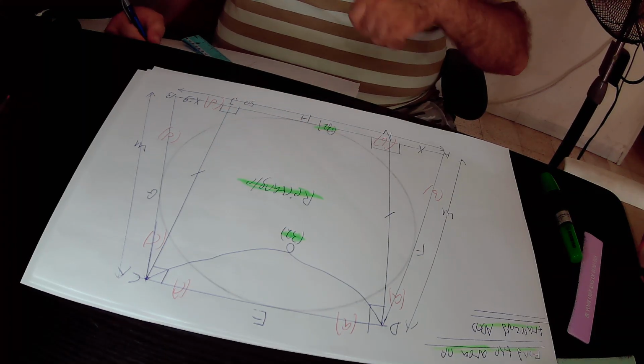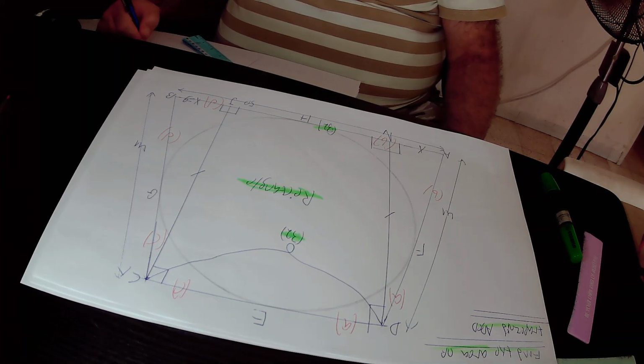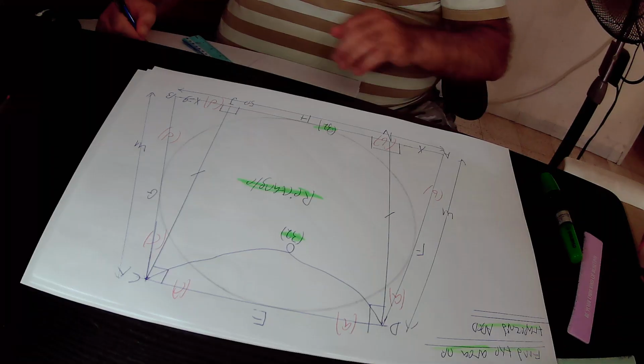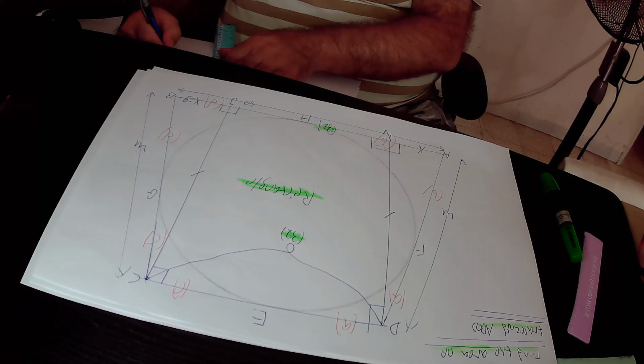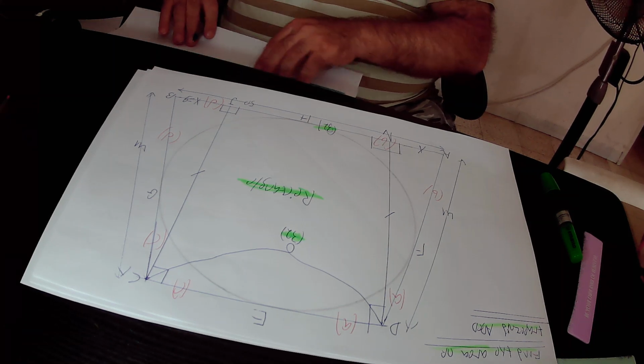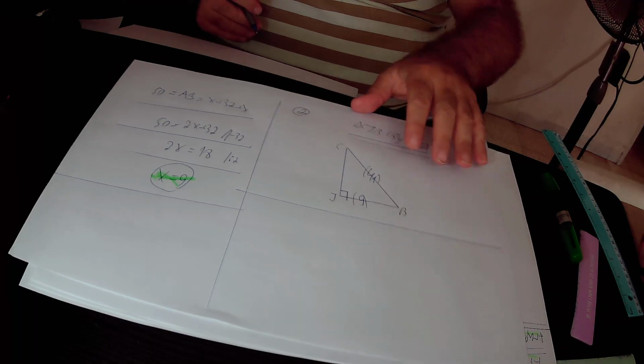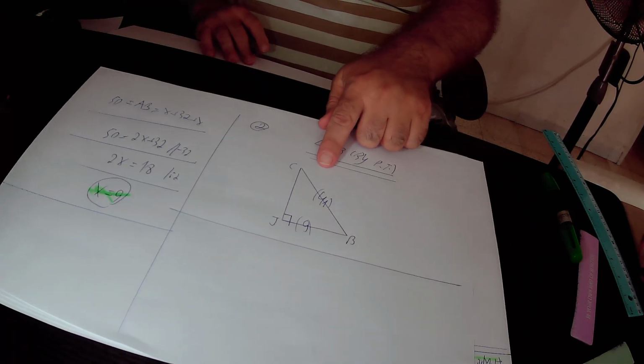CJ is the missing side. So actually, this is the right triangle CJB, that is according to the original theorem.